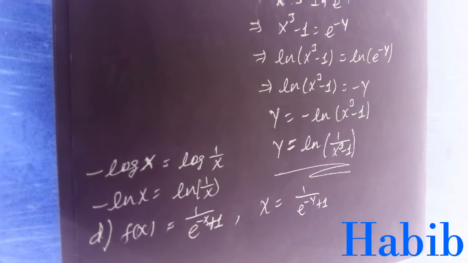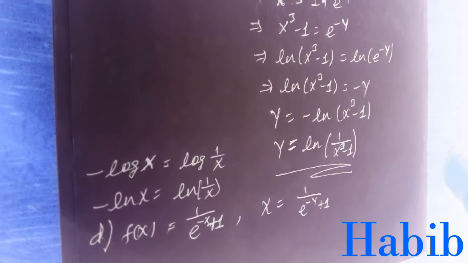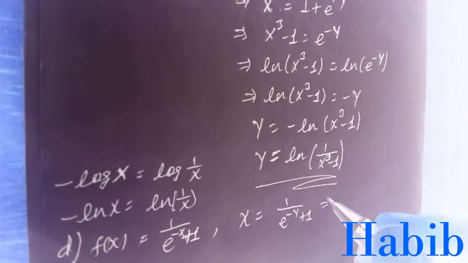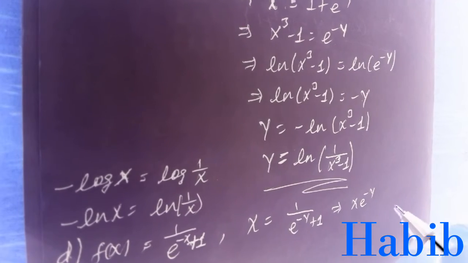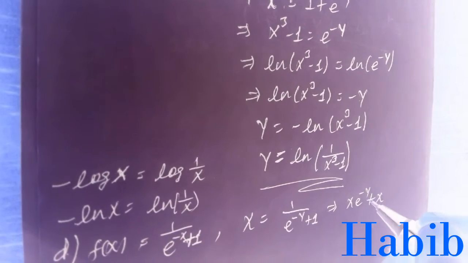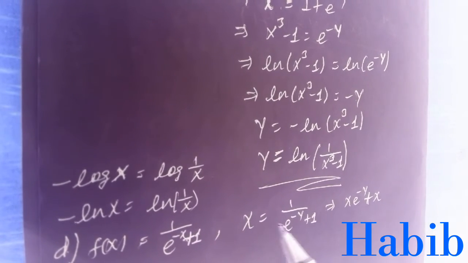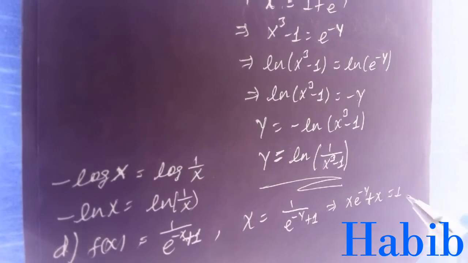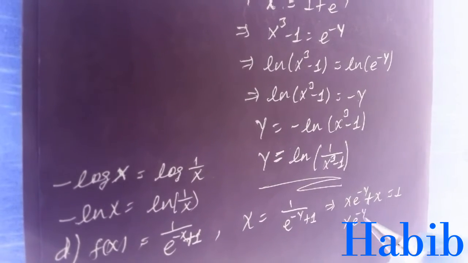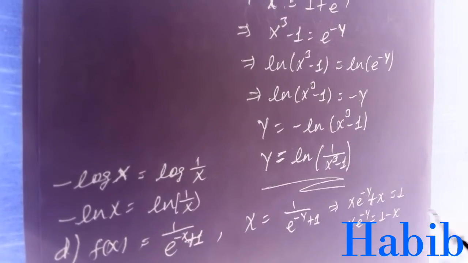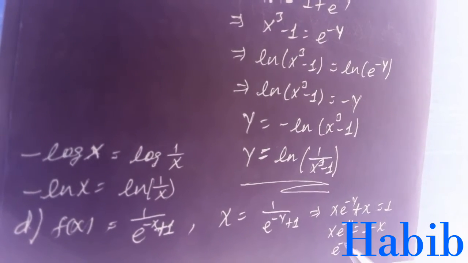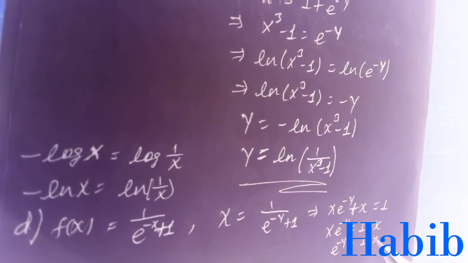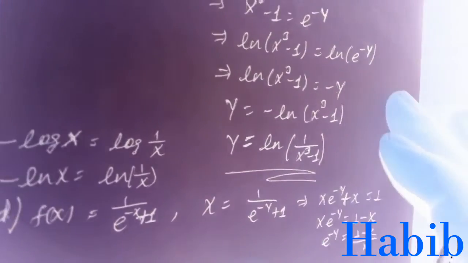Simply, x e raised to minus y plus x equals 1. So x e raised to minus y equals 1 minus x, and by dividing both sides, e raised to minus y becomes 1 minus x over x.